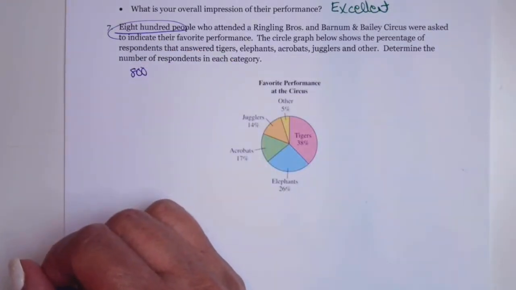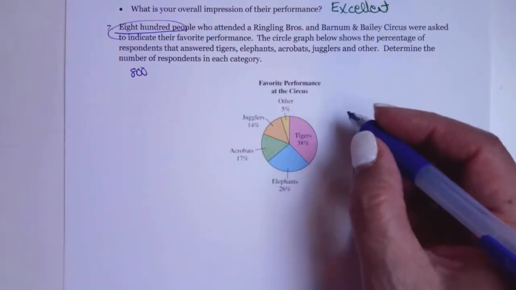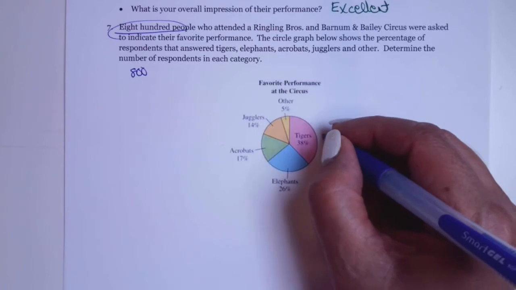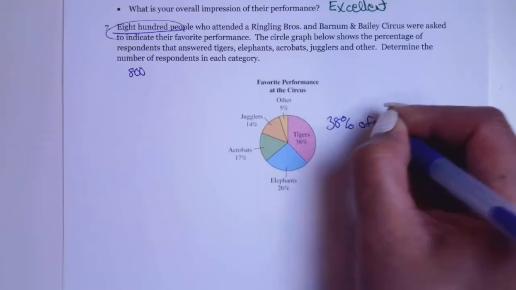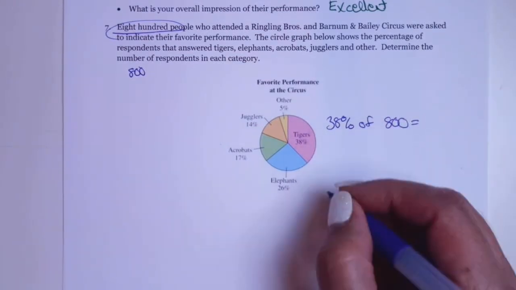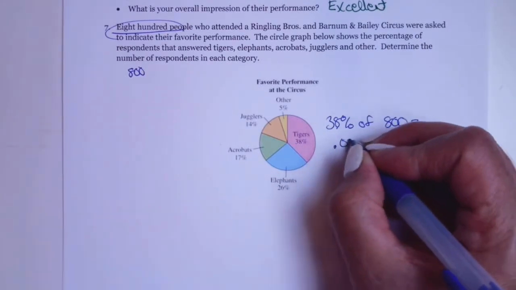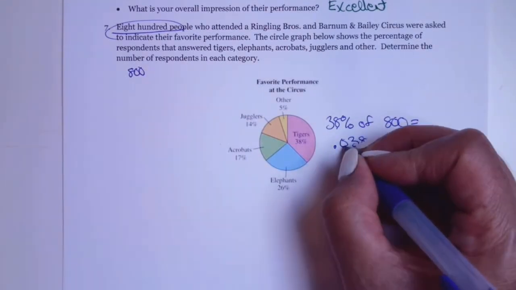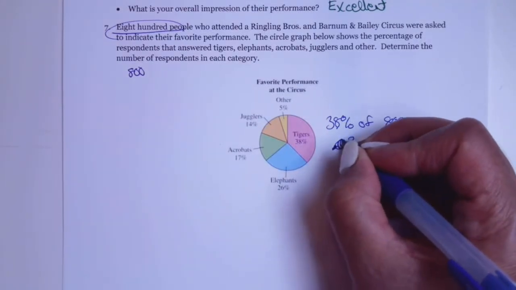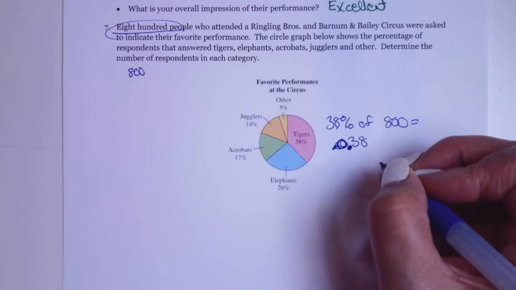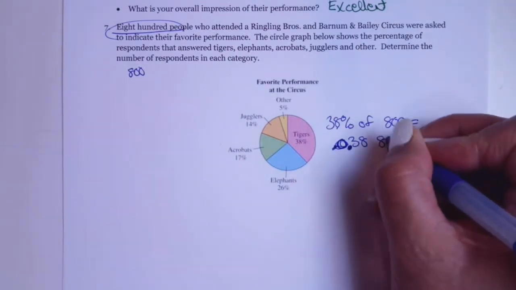If we need to determine how many people did it, we are going to calculate, for example, tigers, 38% of 800. So remember that of is a multiplication, and we're going to make this into a decimal, so 0.38. 38 divided by 100 times 800.